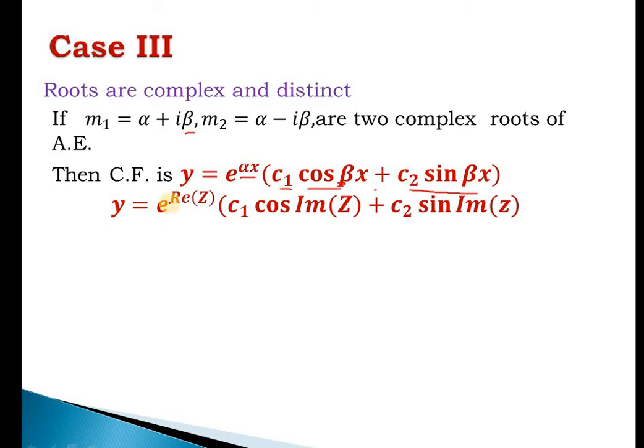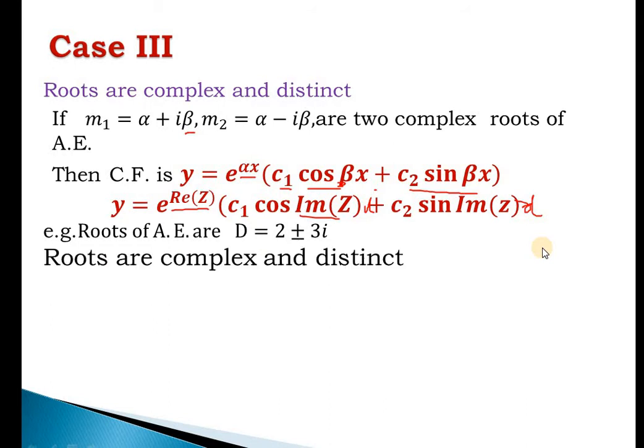So CF is e raised to the real part of the root times x, into C1 cos of imaginary part times x plus C2 sin of imaginary part times x. Let us see an example. If the roots of the auxiliary equation are 2 plus 3i, 2 minus 3i, obviously the roots are complex and distinct, occurring one time, and the real part alpha is 2.